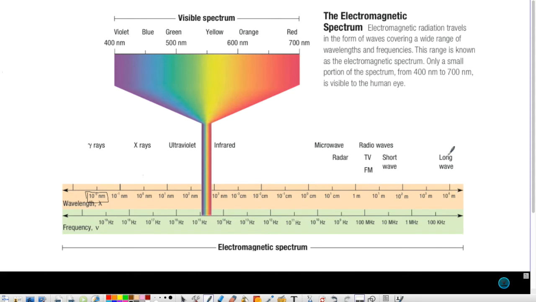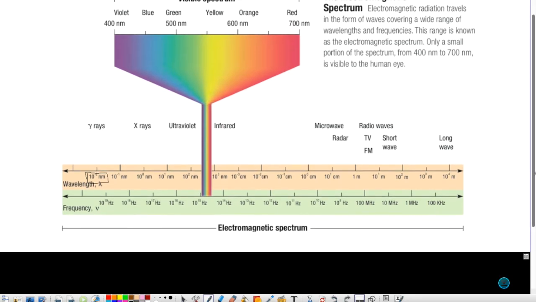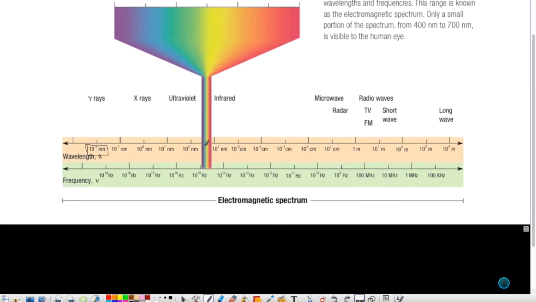So there's a huge range of wavelengths. Also, you can tell that there's some sort of relationship between wavelength and frequency. As wavelength increases, getting bigger this way, the frequency actually gets smaller going that way.